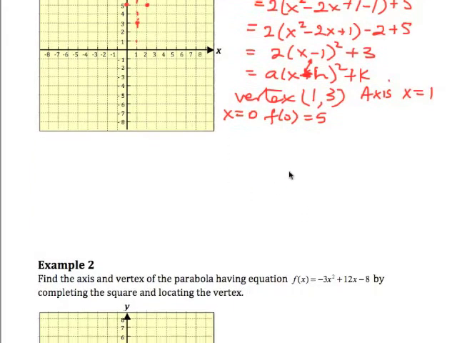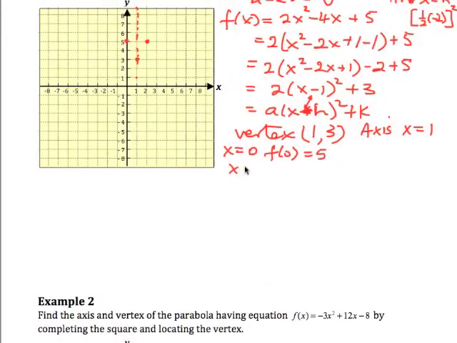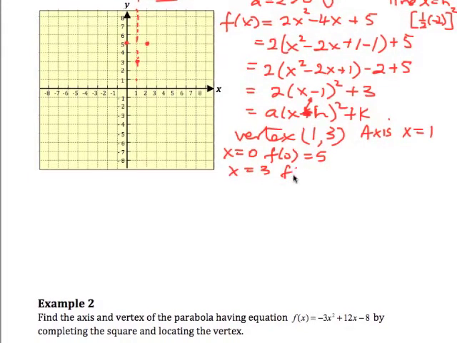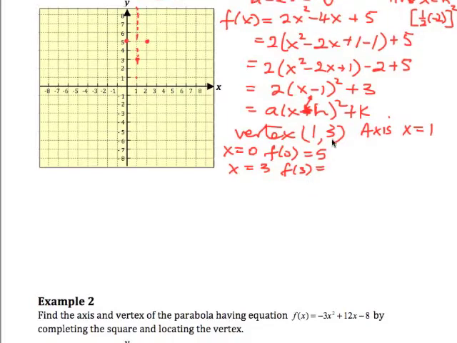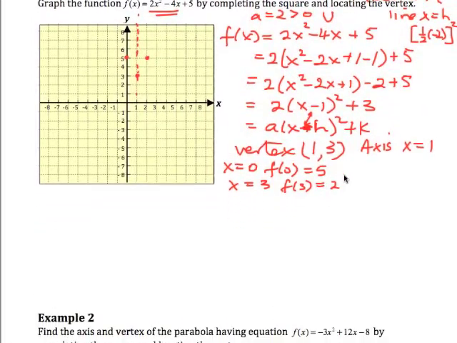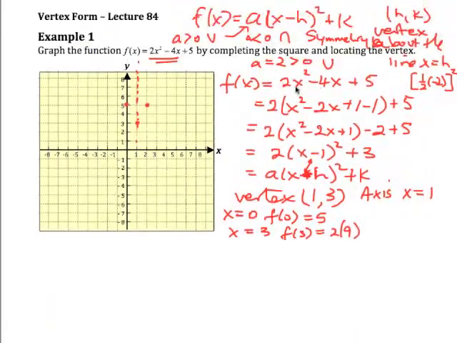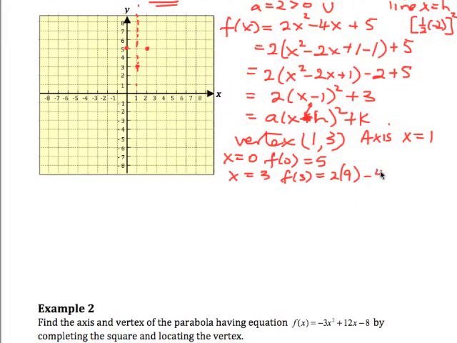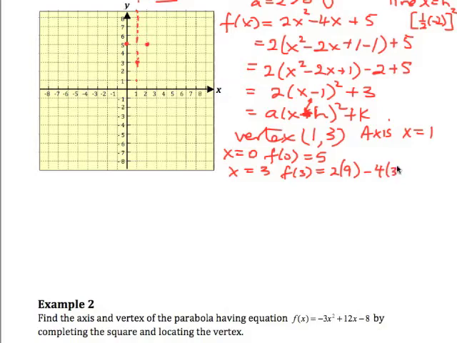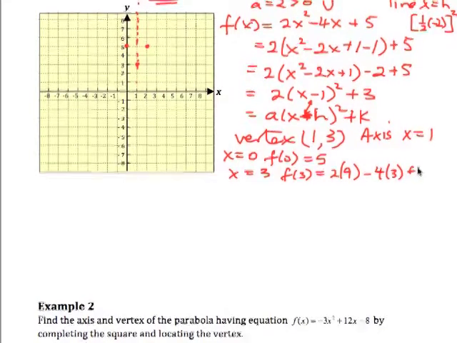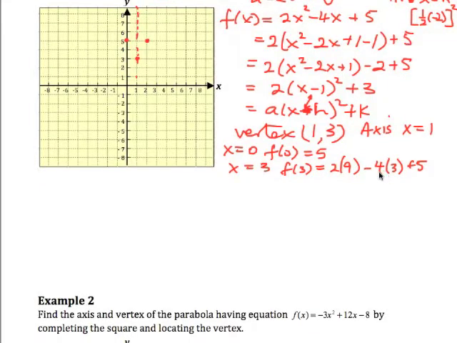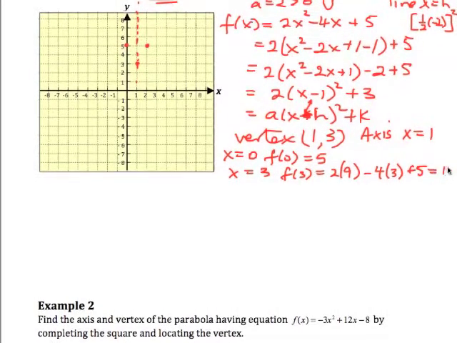Now what happens if I look at, say, x equal to 3? Well, what's f of 3? f of 3 is going to be 2 times 9 minus 12, 4 times 3, plus 5. So this is going to be 18, and 5 is 23, minus 12 is going to be 11.